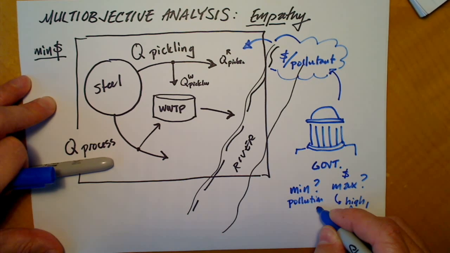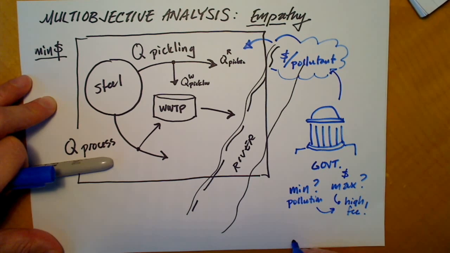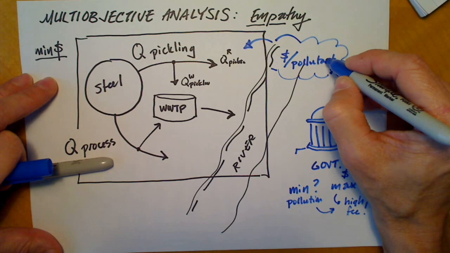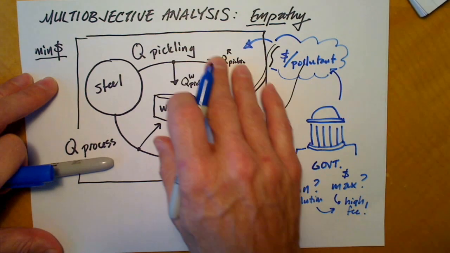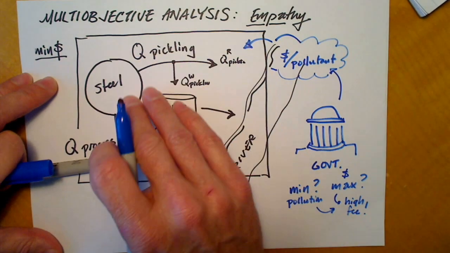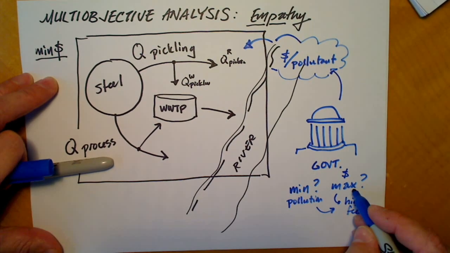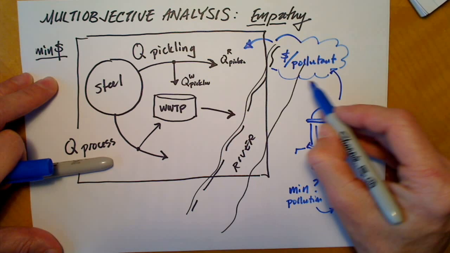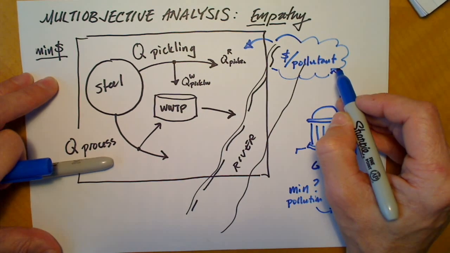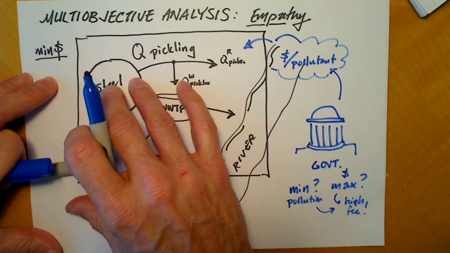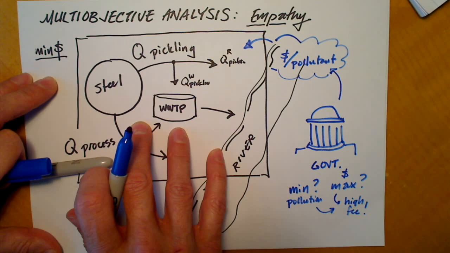That might also suggest a high fee. But if they were to set the fee too high, it might be prohibitively expensive for the steel plant to operate. Maximizing the dollars doesn't mean setting the fee as high as they possibly could, because the steel plant might slow down or cut back production.